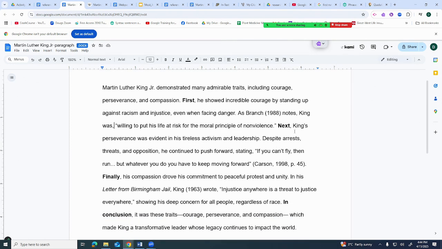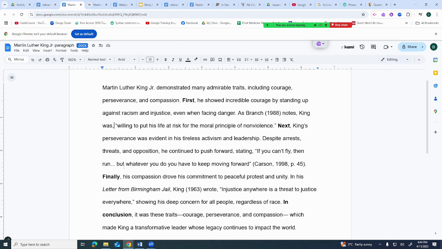Next, another transition word, holding all our ideas together. King's perseverance was evident in his tireless activism and leadership. Despite arrests, threats, and opposition, he continued to push forward, stating, comma, and here's my quotation, if you can't fly, then run. But whatever you do, notice that there's ellipses there. That means that they took part of it out because the quotation would have been too long.